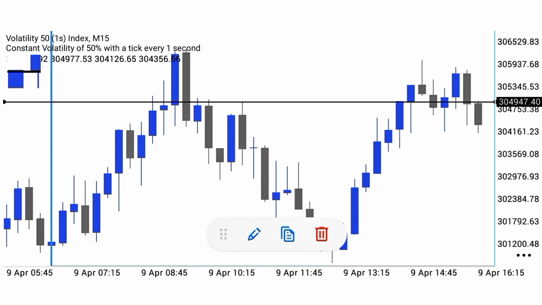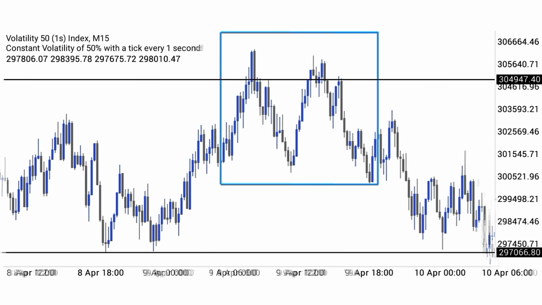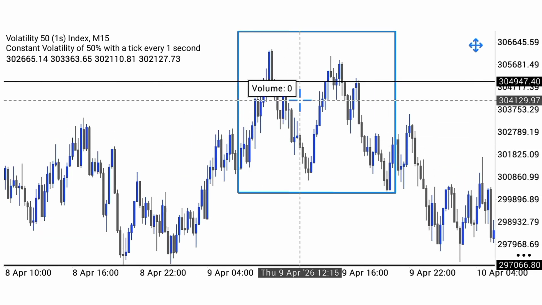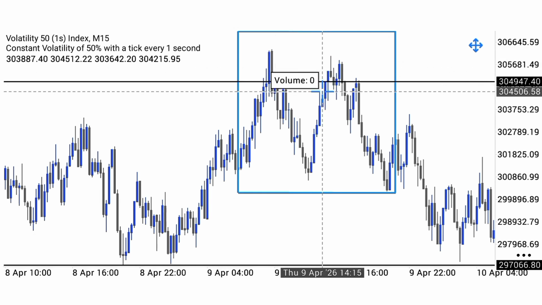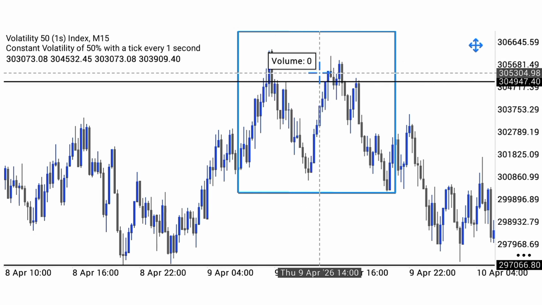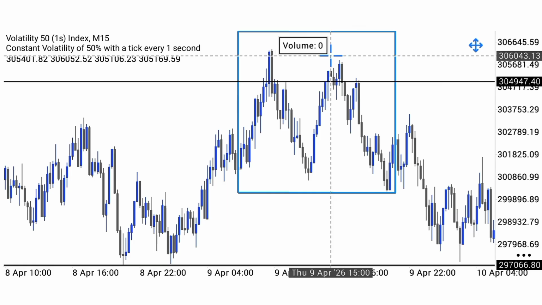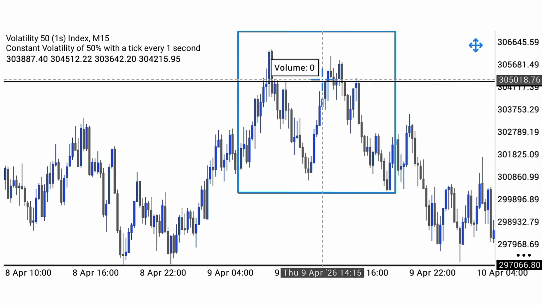Let's make sure that it's on the wick. So when we have drawn our line, we now wait to see a pin bar like always. Now this pin bar has appeared here.